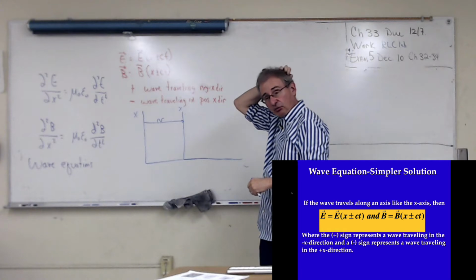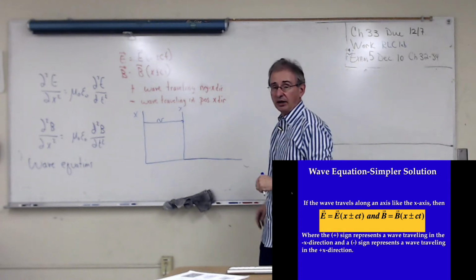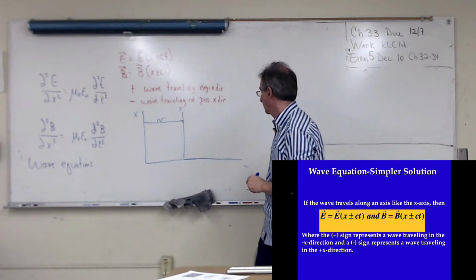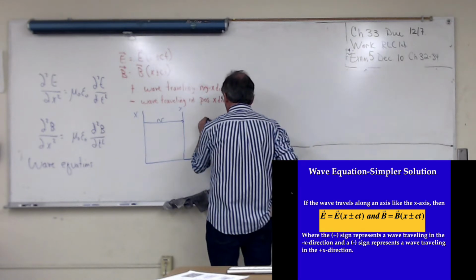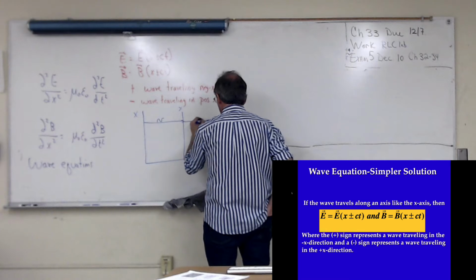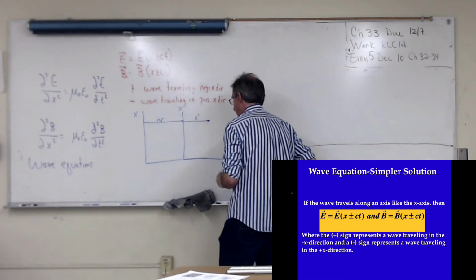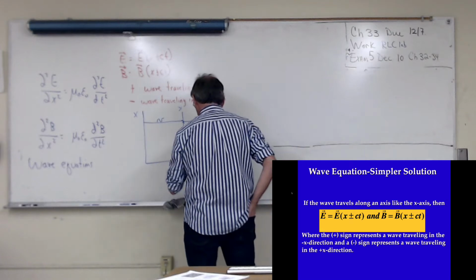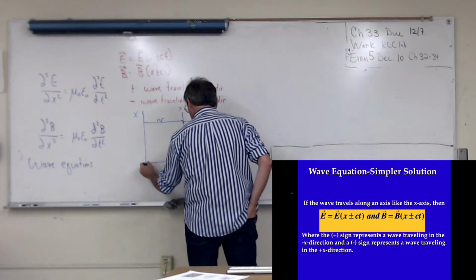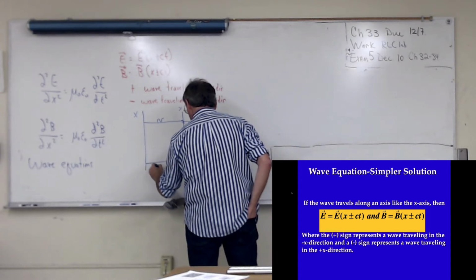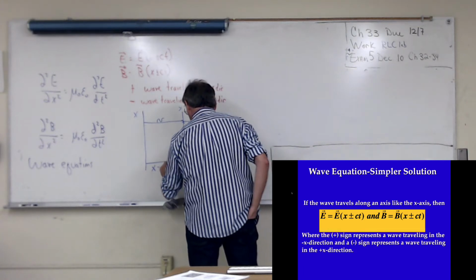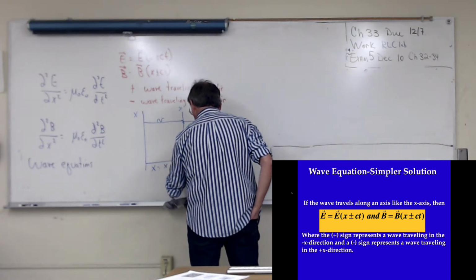We can do this in terms of mechanical waves. And how do I write this? This is the coordinate x prime. Now x is equal to x prime plus vt. Isn't that true?